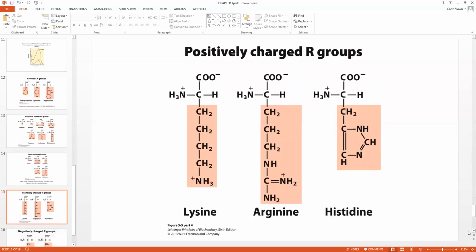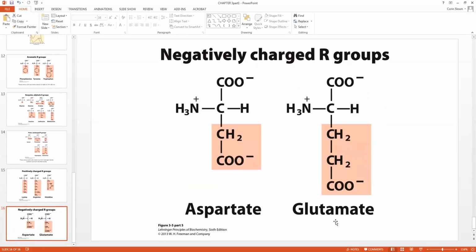And then if we take a look at our positively charged R groups, we can actually see that lysine, arginine, and histidine all are molecules that have an ability to be deprotonated and lose that charge, depending upon pKa. Then if we take a look at our negatively charged R groups, aspartate and glutamate, these are carboxylic acids that once deprotonated form this negative anion.